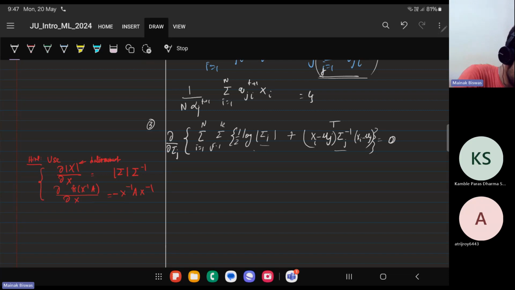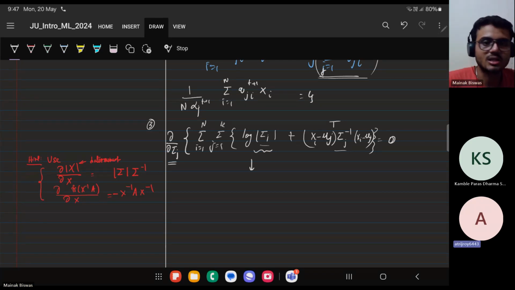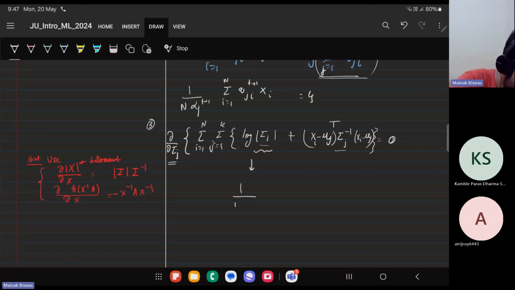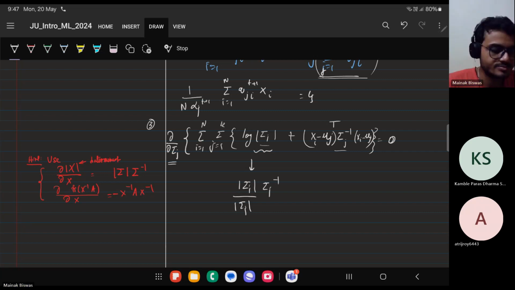So this term will become, so half also I'm just removing. Both are half. So what will this term become? You're taking the derivative with respect to Σj only, the jth covariance matrix. So this is going to be 1 by Σj, inverse, right?